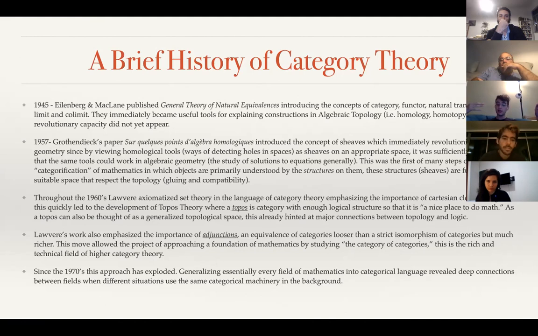If you weaken it slightly, and make this an adjunction, rather than them being exactly isomorphic, they can be isomorphic up to a certain natural transformation. And in this way you get adjunctions, which are pairs of categories which are almost the same. Many people say it's one of the most powerful single tools in category theory, although, as I said, we won't get too much into it.